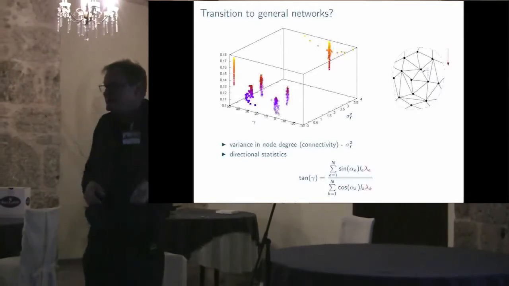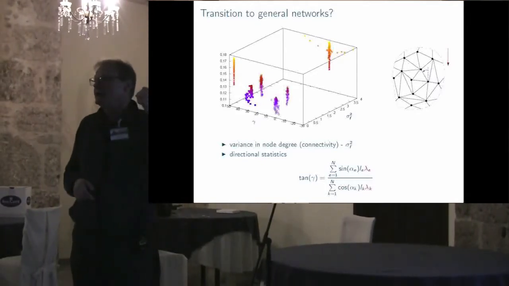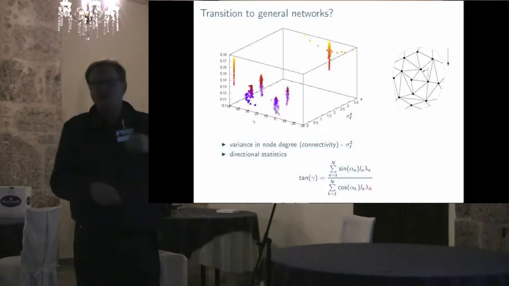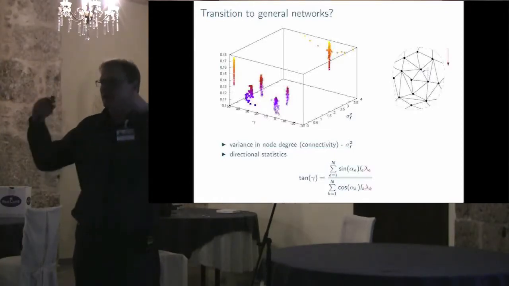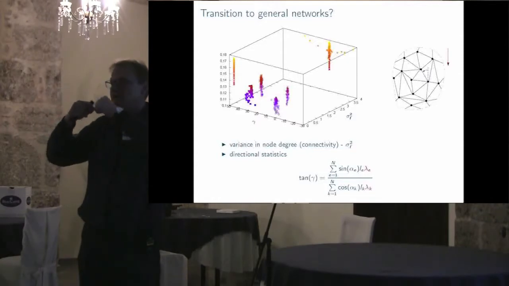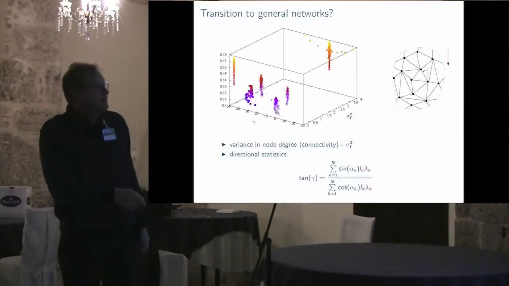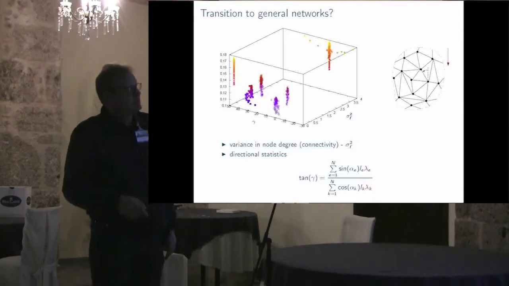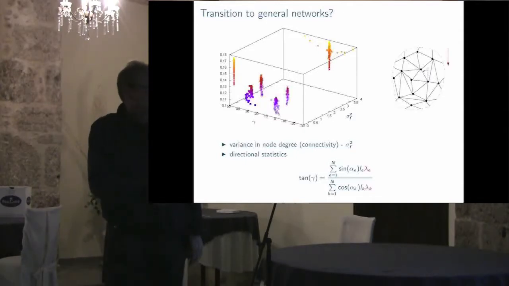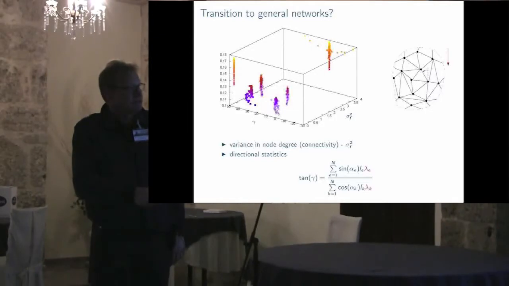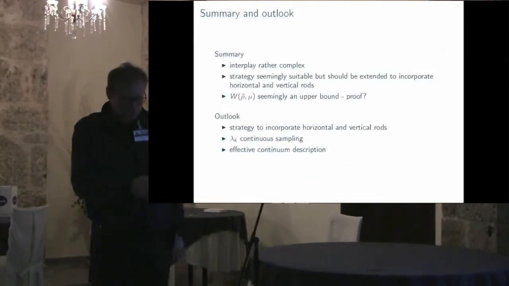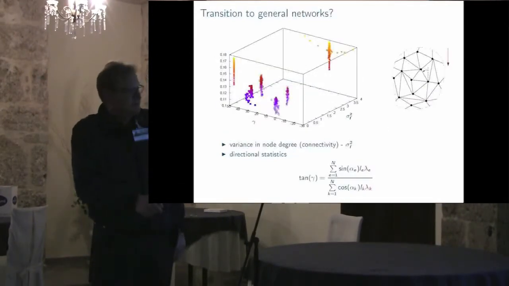To characterize this kind of networks, proper characteristics are, for instance, the variance in node degree, where node degree means how many trusses are connected by one node, and a directional measure which is defined by the quotient of the sum of the sines of the diagonals divided by the sum of the cosines of the diagonals.